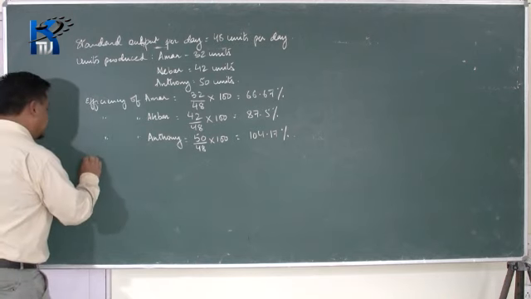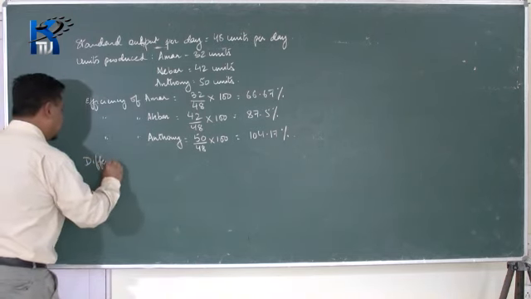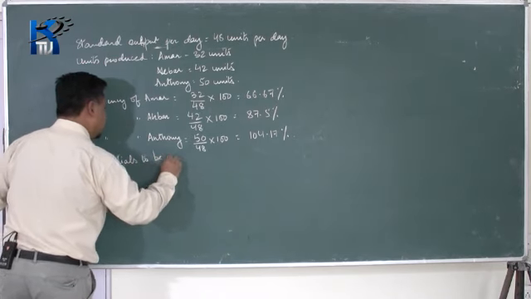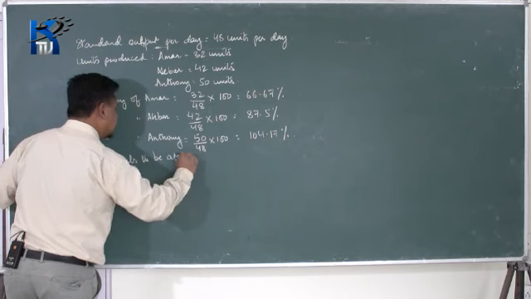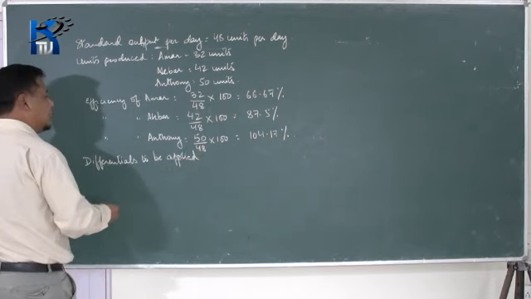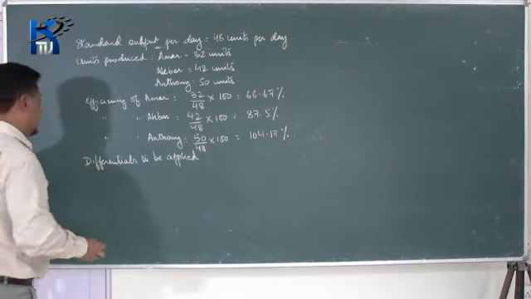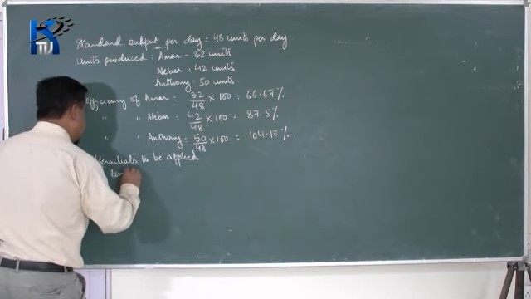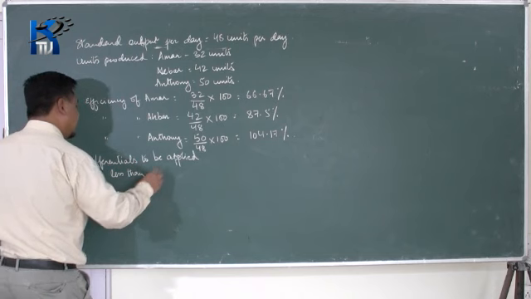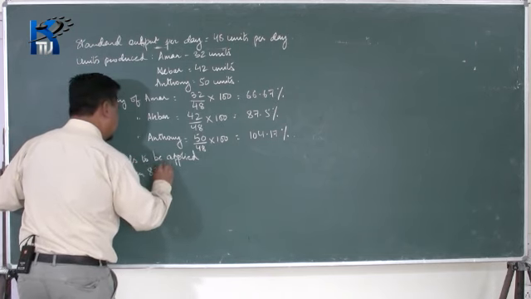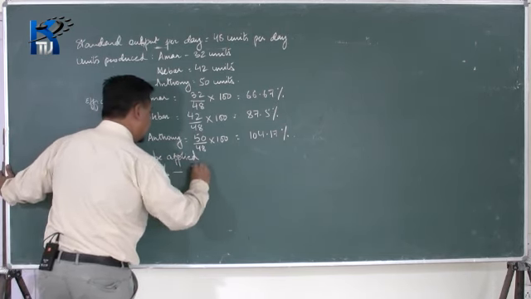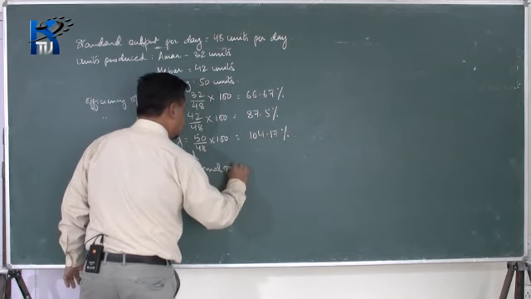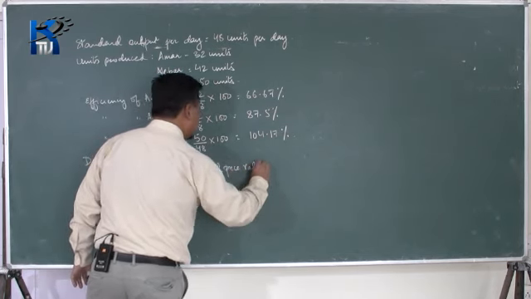The differentials to be applied under Merrick's differential piece rate system: if efficiency is less than 83%, the normal piece rate is provided.